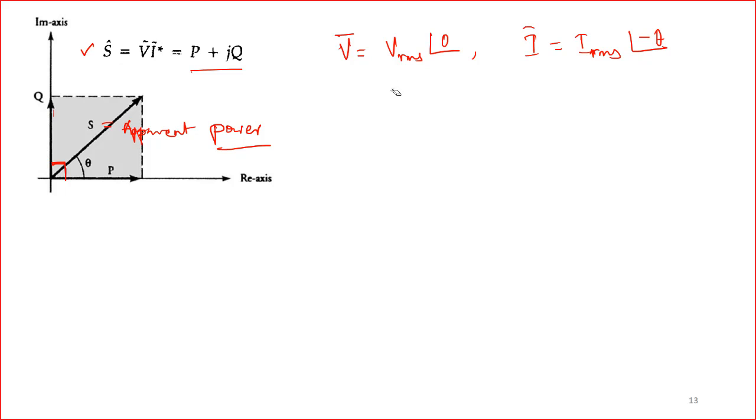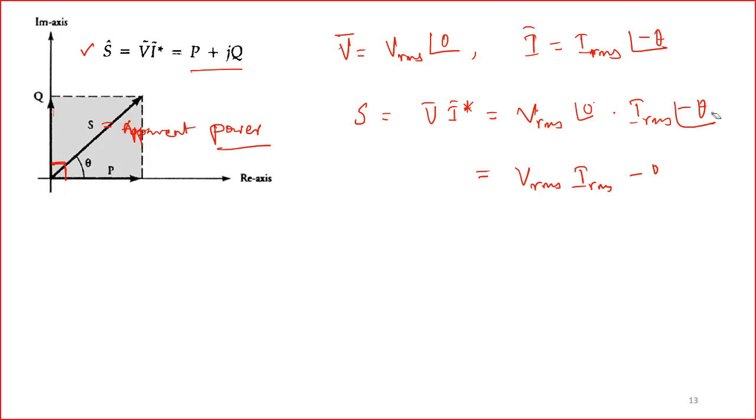Now if I find the apparent power, that is VI*, the conjugate of I. I can write V RMS at 0 into I RMS at minus theta. Minus theta becomes plus theta when we take the conjugate. So it becomes theta here, right?